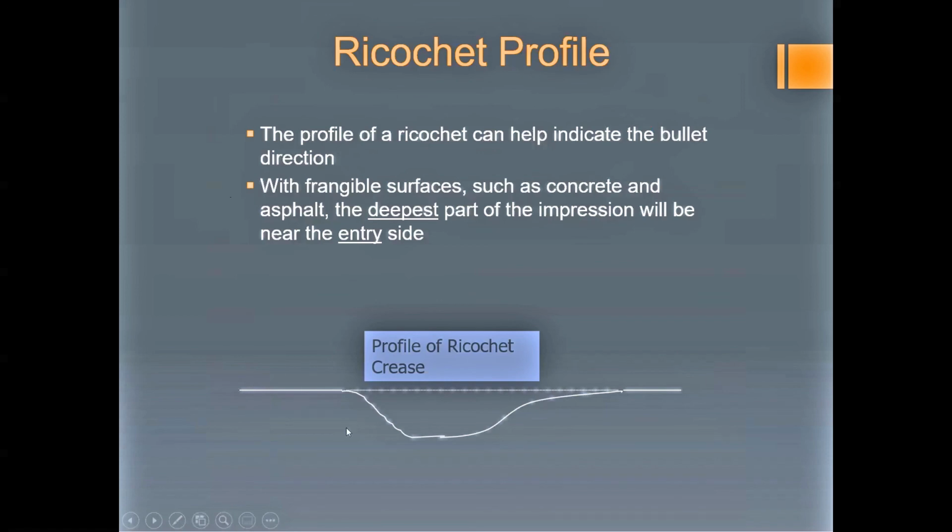So now, if we have this ricochet profile, right, in a frangible surface, we can see the bullet came in, struck, created this little crater here, and it got more shallow as the bullet exits. So with a frangible surface, such as concrete and asphalt, the deepest part of the impression will be near the entry side.